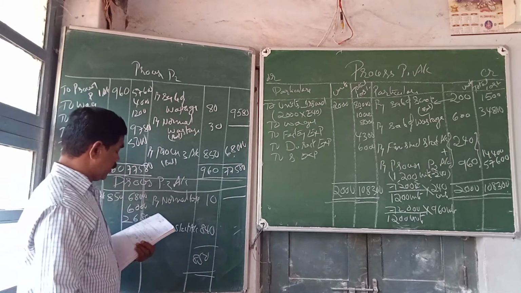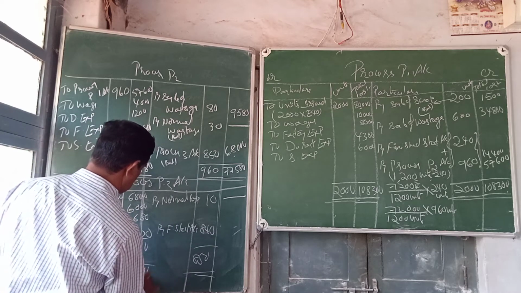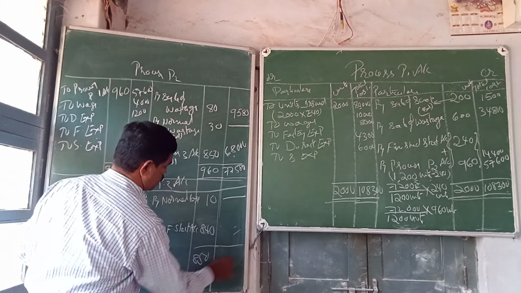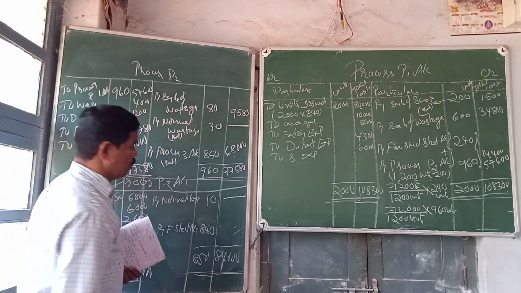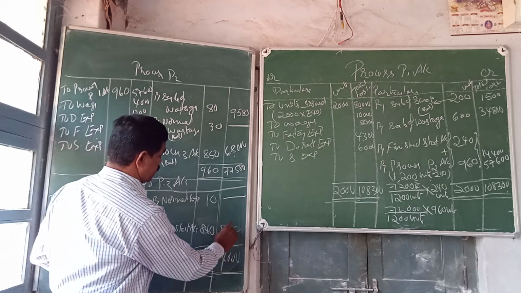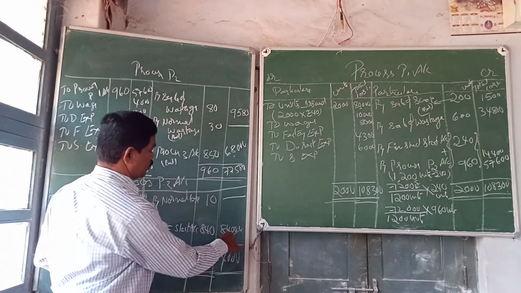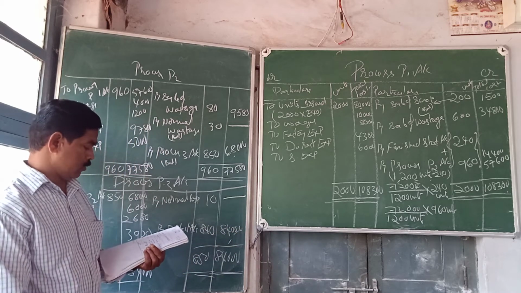Total cost is 84,000. So the amount 84,000 is the value of output transferred to finished stock account.